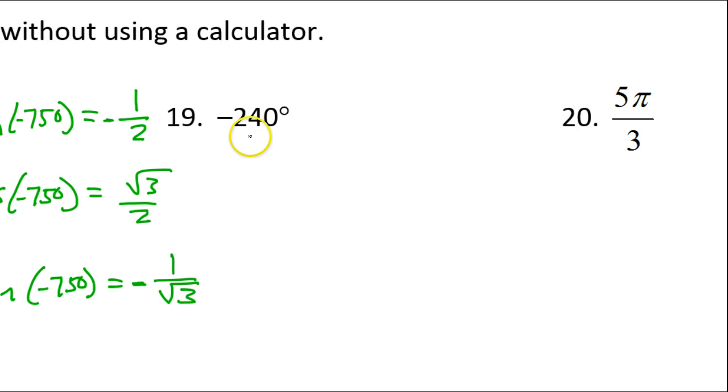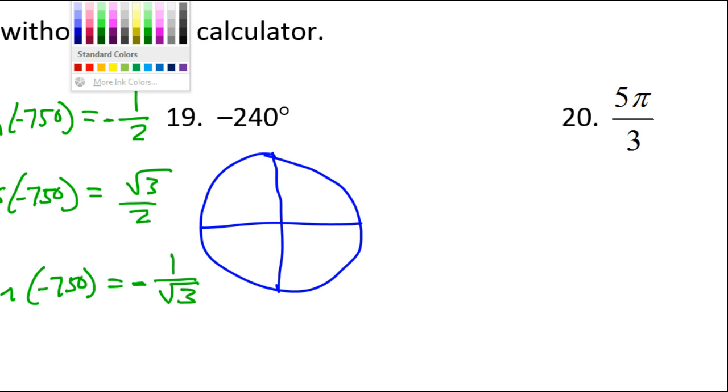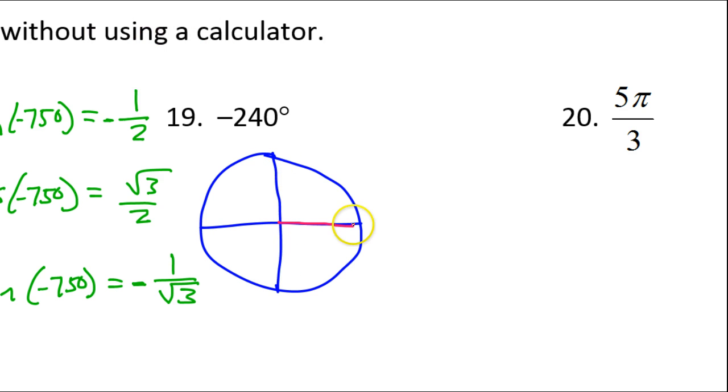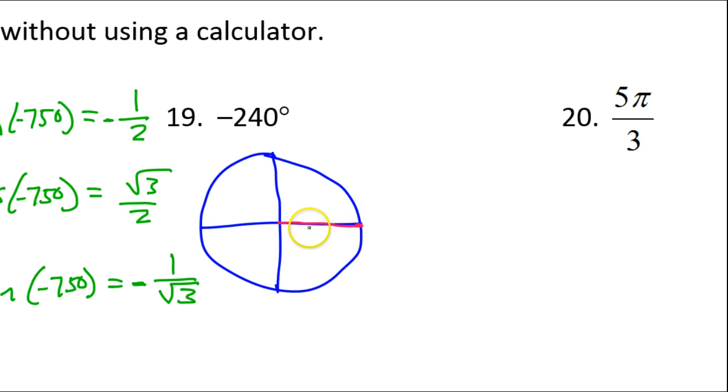Alright, let's do it again for negative 240 degrees. Okay, here's the initial side. So if I go to here, so far I've done negative 180.